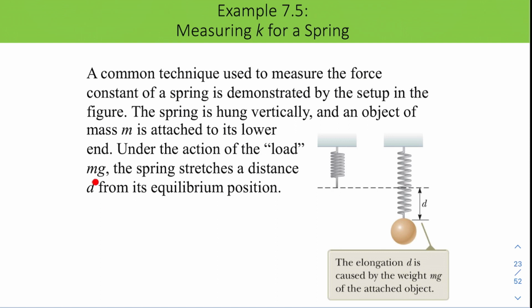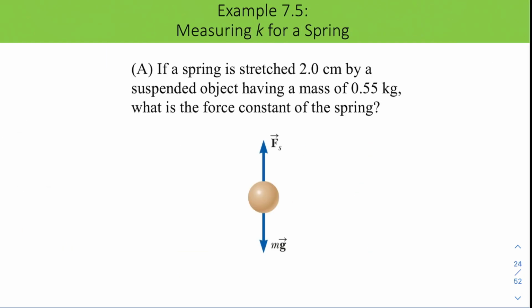Under the action of the load mg due to the weight, the spring stretches a distance d from its equilibrium position. So the d is the elongation due to the weight of the object. A, if a spring is stretched 2 cm by a suspended object having a mass of 0.55 kg, what is the force constant of the spring?